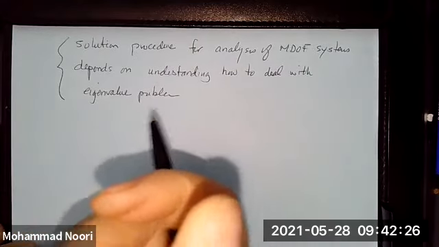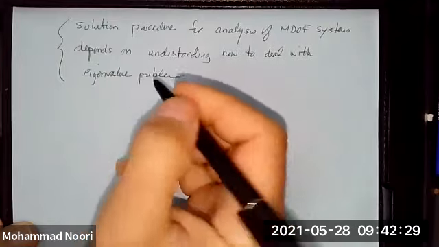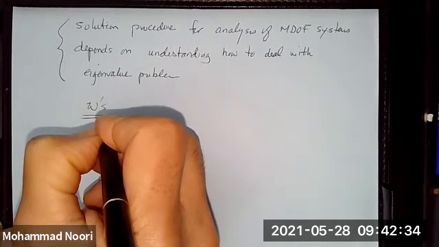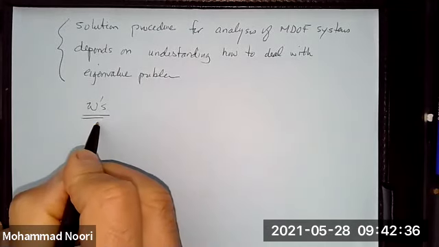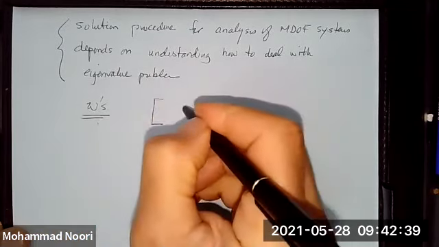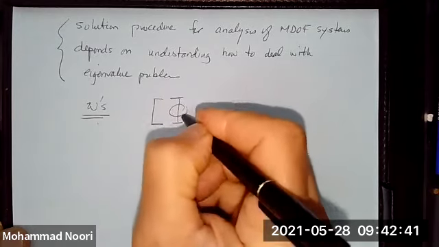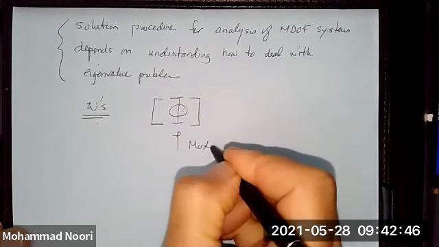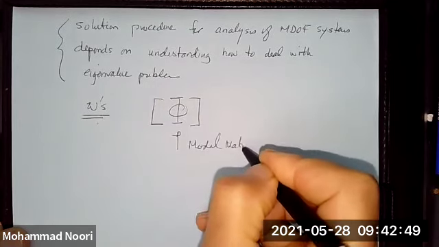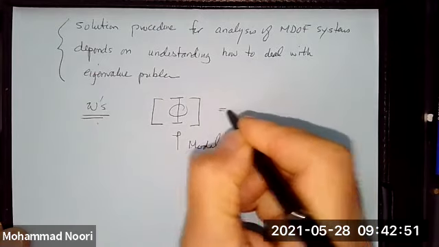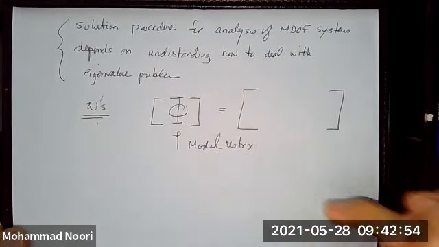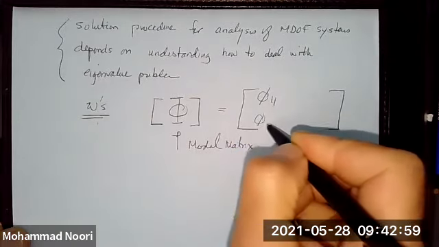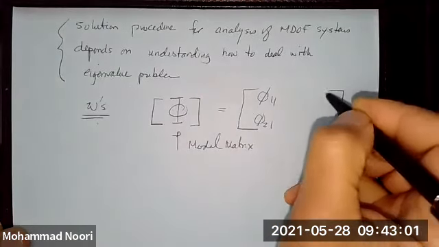So what are these basic tools? First, let me say again that the omegas are the eigenvalues, or the frequencies, and we introduce this matrix, which we call the modal matrix. The modal matrix consists of, in the case of 2-degree of freedom systems, these two modal vectors.